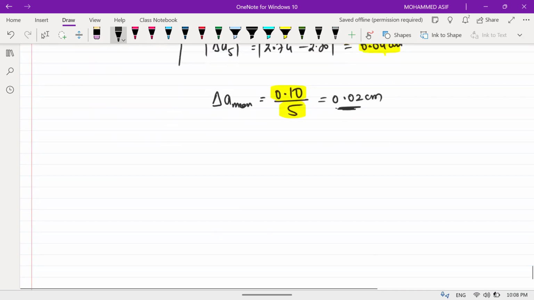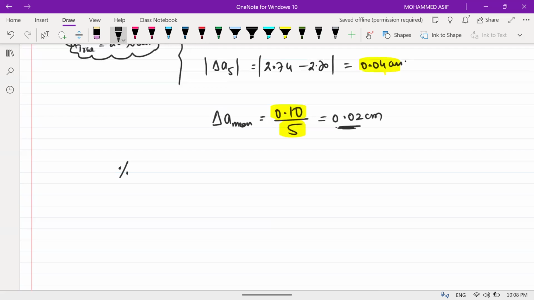Now I need to calculate the percentage error. Percentage error will be equal to delta A mean divided by A true value into 100%, isn't it? So delta A mean is 0.02, divided by A true value 2.70, into 100.